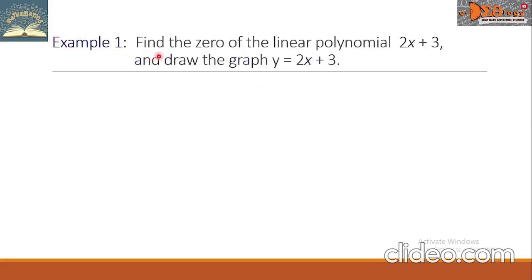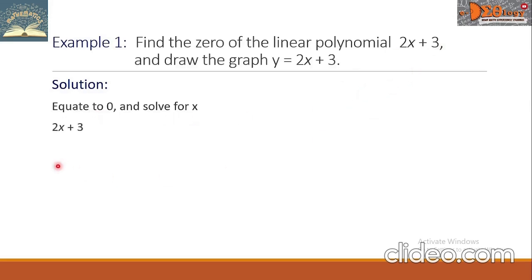Example 1. Find the zero of the linear polynomial 2x plus 3 and draw the graph y equals 2x plus 3. The linear polynomial 2x plus 3 we're going to equate to 0, then solve for x.